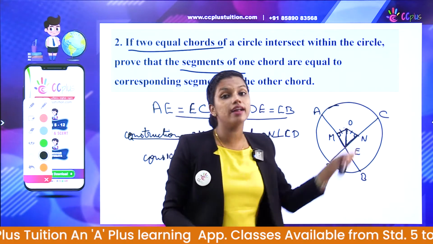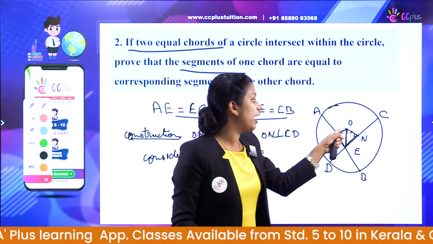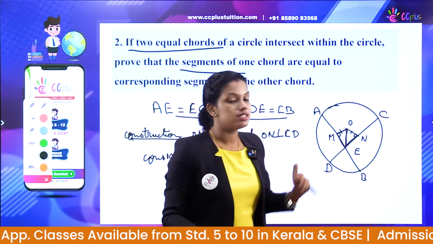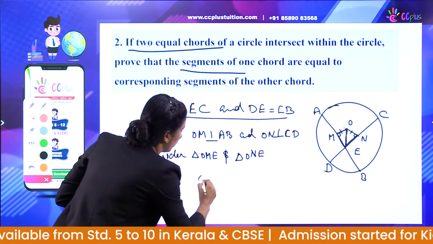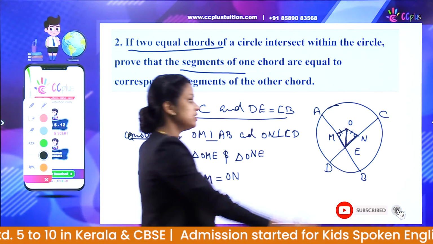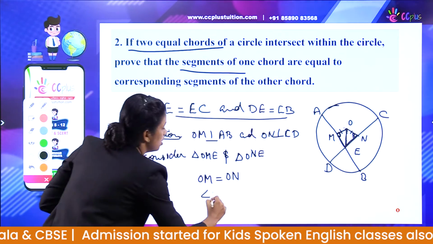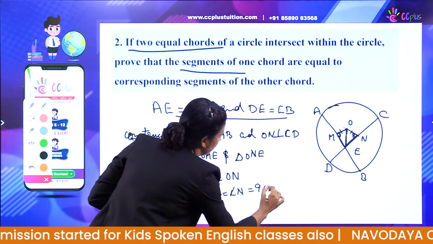OM and ON denote the distance from the center to the chords, which means they are equal. So, we can write OM equal to ON. And by construction, we know angle M is equal to angle N is equal to 90 degrees.